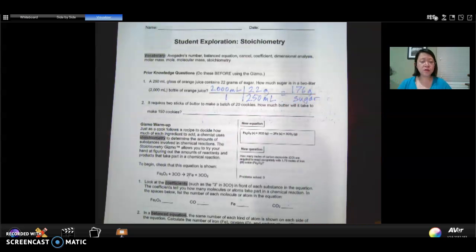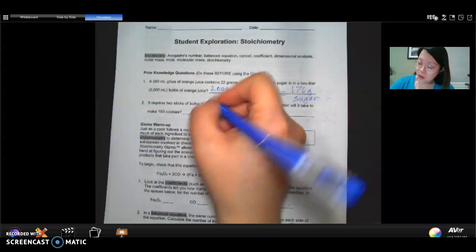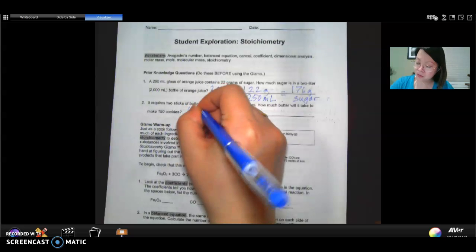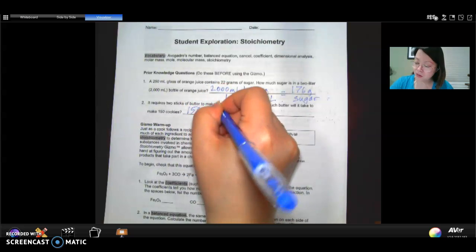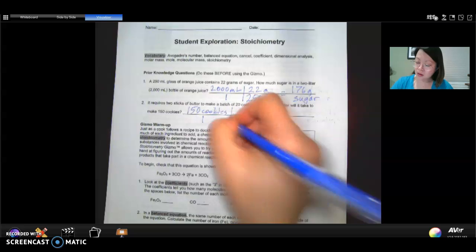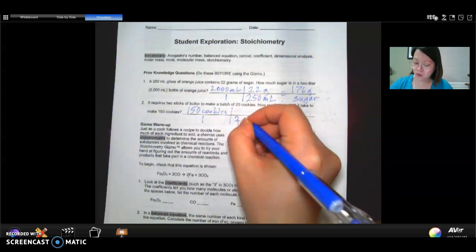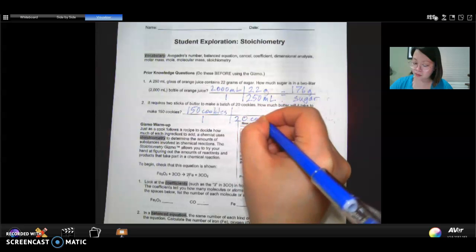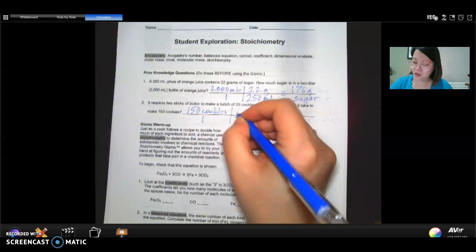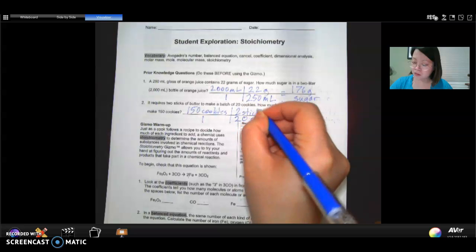All right, let's do a little bit more practice. Number 2, it requires 2 sticks of butter to make a batch of 20 cookies. How much butter will it take to make 150 cookies? Well, our given is 150 cookies over 1. And then, according to the first sentence, for every 20 cookies, we're going to use 2 sticks of butter.